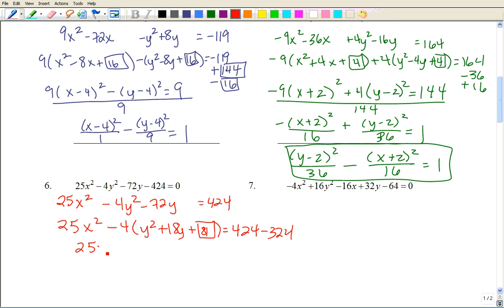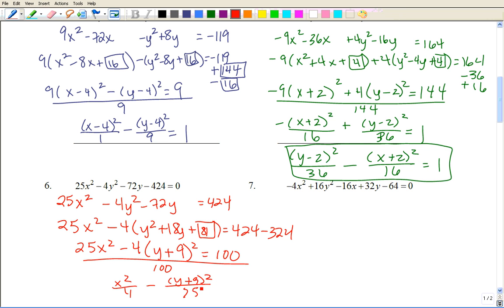So we have 25x squared minus 4 times (y plus 9). That factors into (y plus 9) times (y plus 9). So squared equals, that has a difference of 100. If I divide everything by 100, I'll get x squared over 4 minus (y plus 9) squared over 25 equals 1.